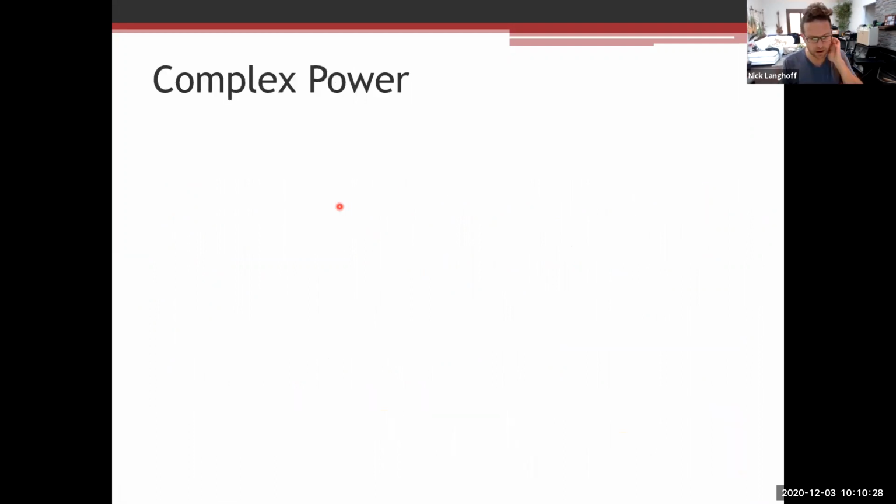But what I'd like to do now is introduce the notion of complex power. Okay, and this is the electrical engineers' method. Electrical engineers have come up with very inventive and creative ways to calculate and account for power delivered, provided by and absorbed by elements and circuits.